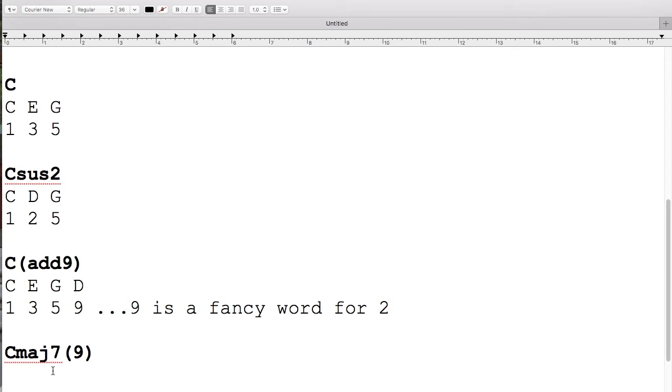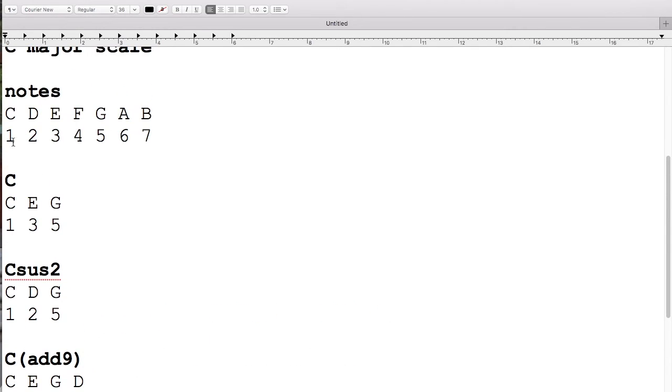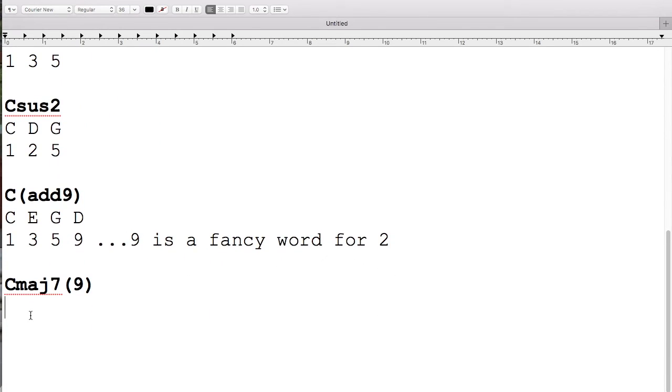So C major 7, again, we're going to start with a C triad, 1, 3, 5, and we're going to add the 7th note in the scale, which is B natural. So now, if I think letters, I'm still dealing with a C triad, C, E, G, but now I'm adding the 7th note of the scale, which is B.